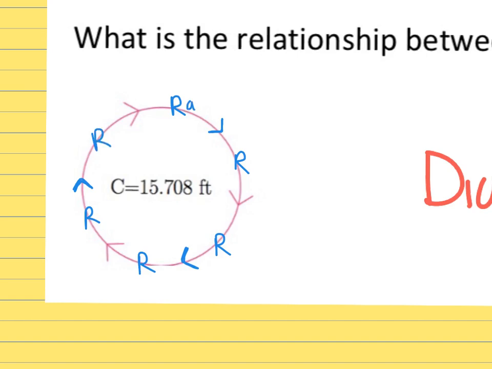R. And each one of these is supposed to represent radius. And I'm not going to write that on all of them. But once you go through here, if I trace over all of these, you'll find out that there's 6 of them. Okay, 6 line segments. It takes 6 radii or radius to go all the way around the circle.